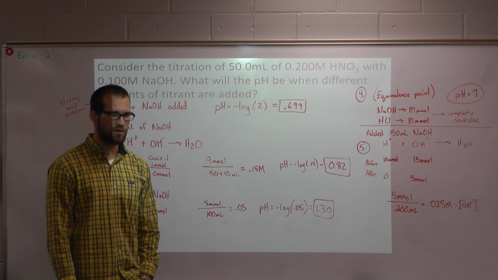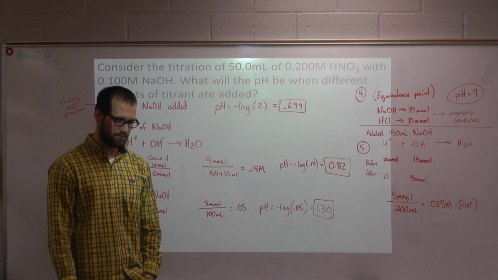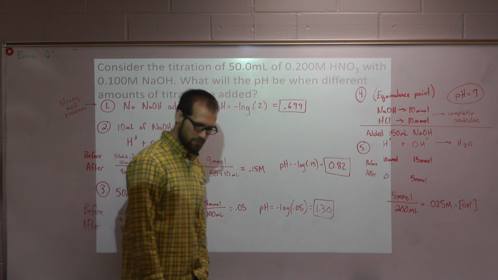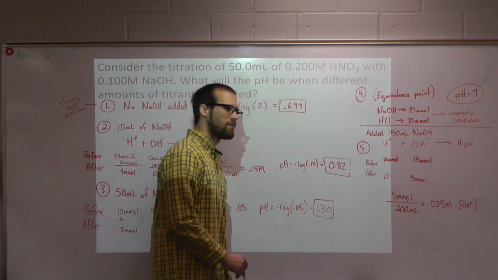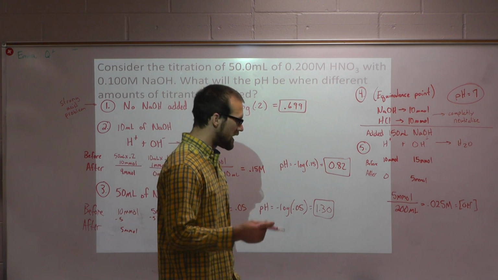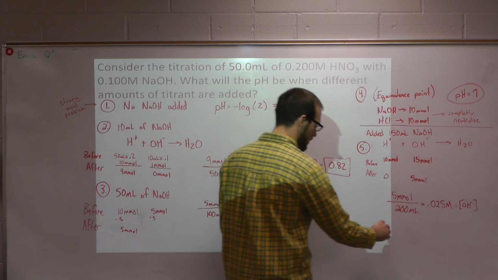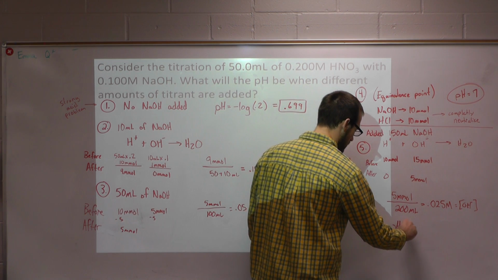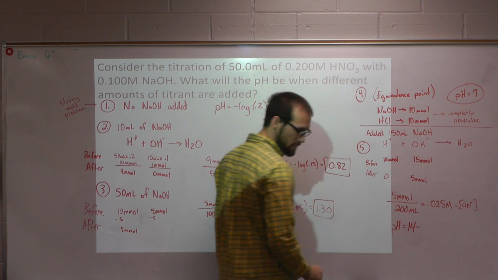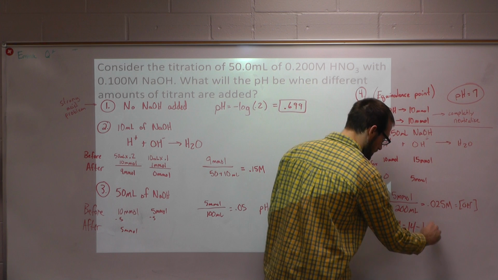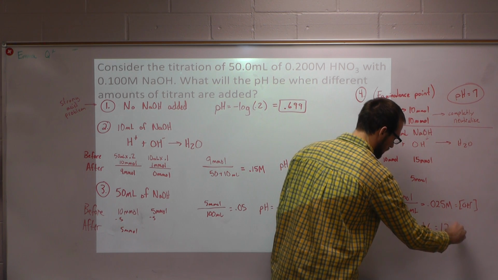Or pOH, 14 minus that. Whatever you prefer. It's shorter for derivatives. Find the pOH. And that's what I did the past couple days too. So 12.4. So 14 minus 1.6 is 12.4.